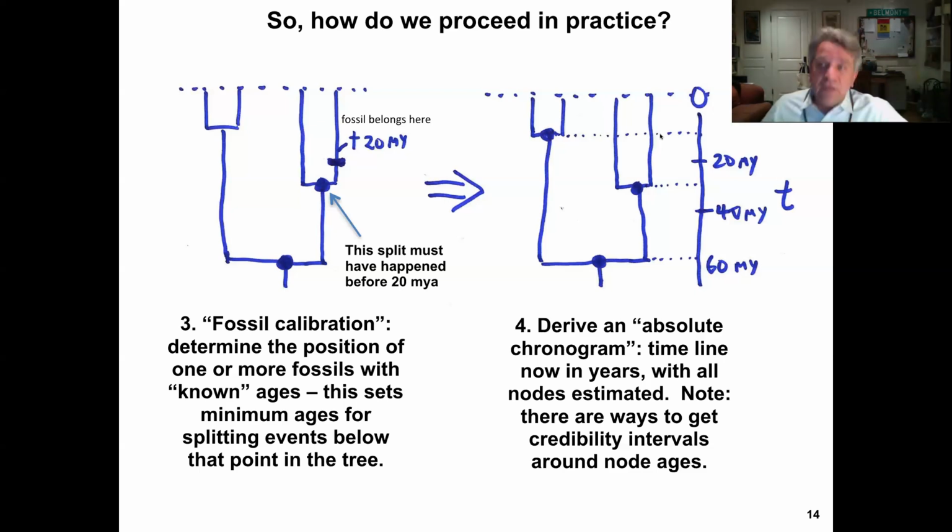Now, when we do these analyses, often we're using multiple fossils. There are now very sophisticated algorithms and models that account for the expectation of sampling fossils in the fossil record, so this calibration approach is presented in a very straightforward manner, but there is a lot of sophistication available today for doing these types of calibrations.